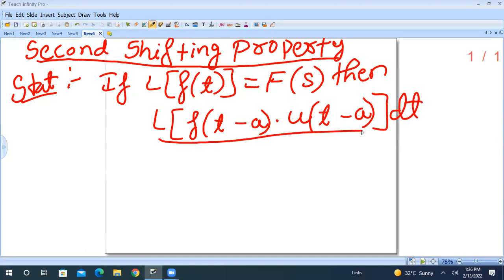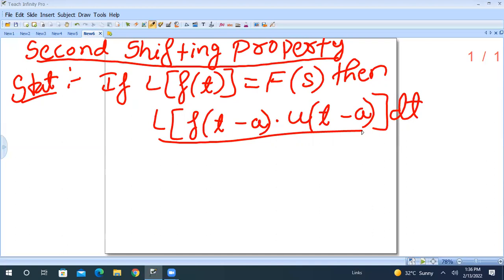Using the conditions, we have to prove it taking f of t. So the second shifting property says: if L of f of t is equal to f of s, which we obviously know, then we have to prove that L of f of t minus a into u of t minus a.